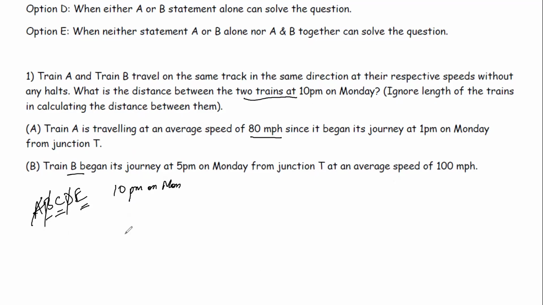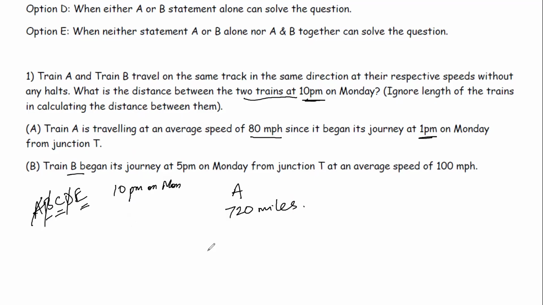Taking both statements together, we know that both the trains leave junction T at different times, 1 p.m. and 5 p.m. Let's look at train A at 80 miles per hour. By 10 p.m., train A would have traveled for 9 hours, and therefore the distance would be 9 times 80, 720 miles.